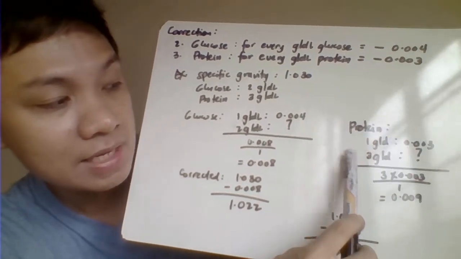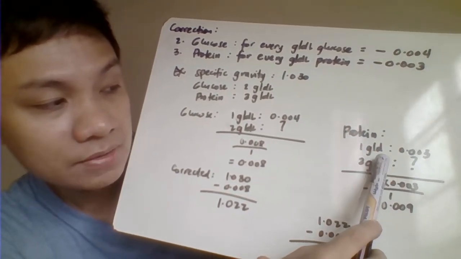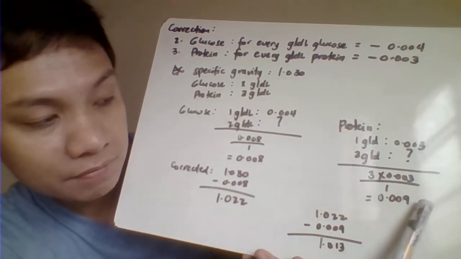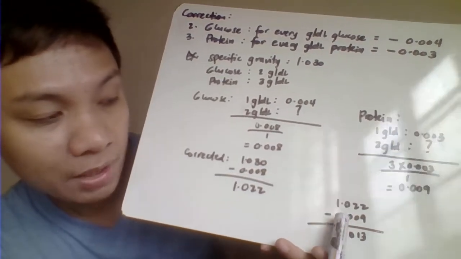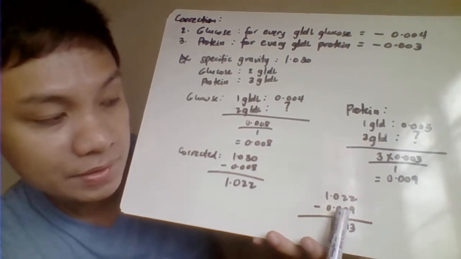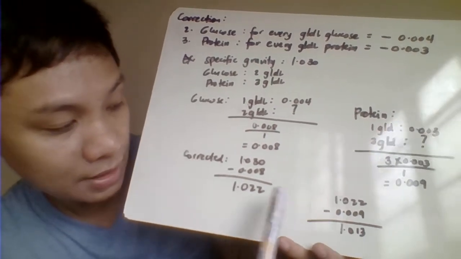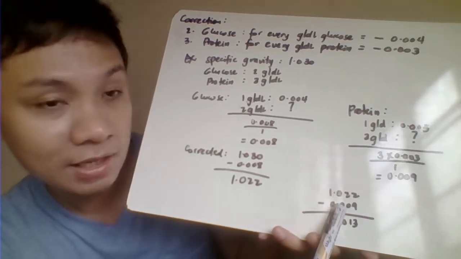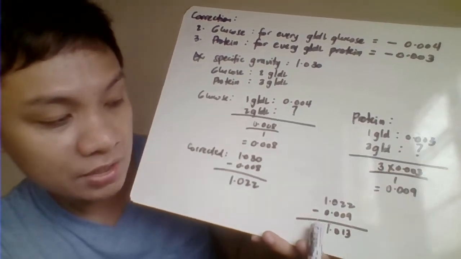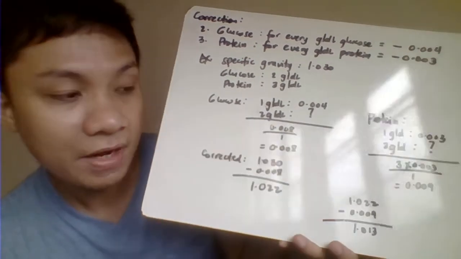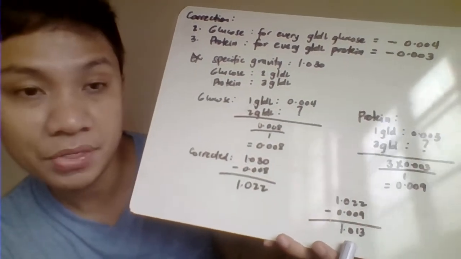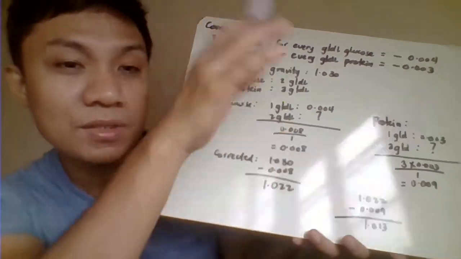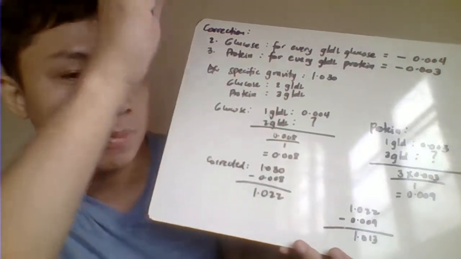Since the given is 3 grams per dL, multiply here, then divide by 1, it gives you 0.009. What do we do with 0.009? Since we already corrected for the glucose, we minus the protein again. The actual specific gravity reading here is 1.013. So if you also corrected for the temperature earlier, you still need to minus again.